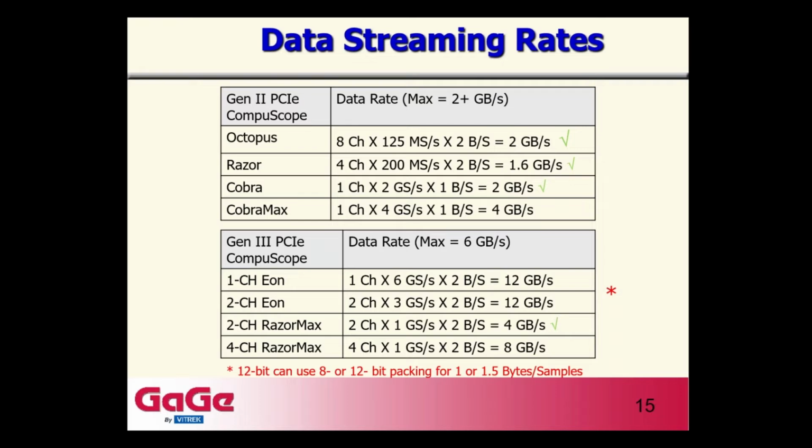And we find in 3 out of 4 cases for our older Gen 2 cards that we're able to keep up, whereas our fastest card, the Cobra Max card, is able to generate data faster than the Gen 2 PCI bus can handle, and that's okay.